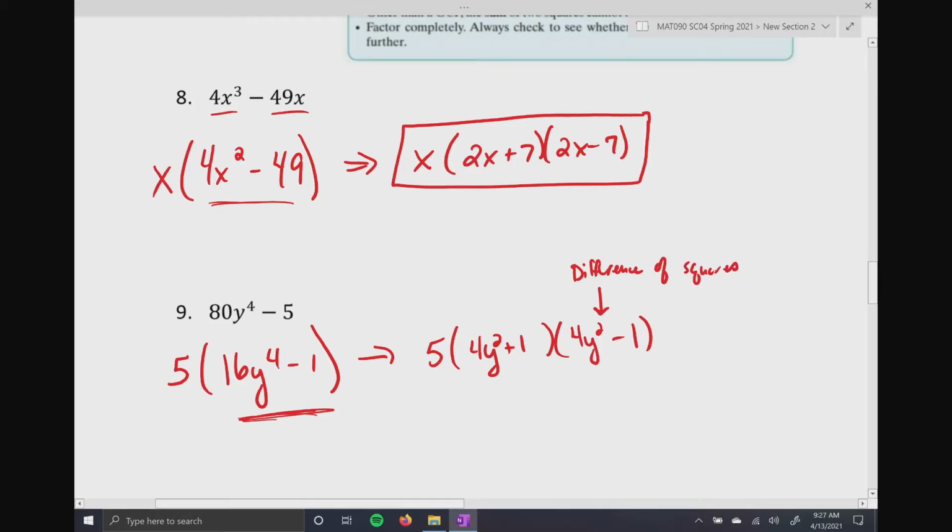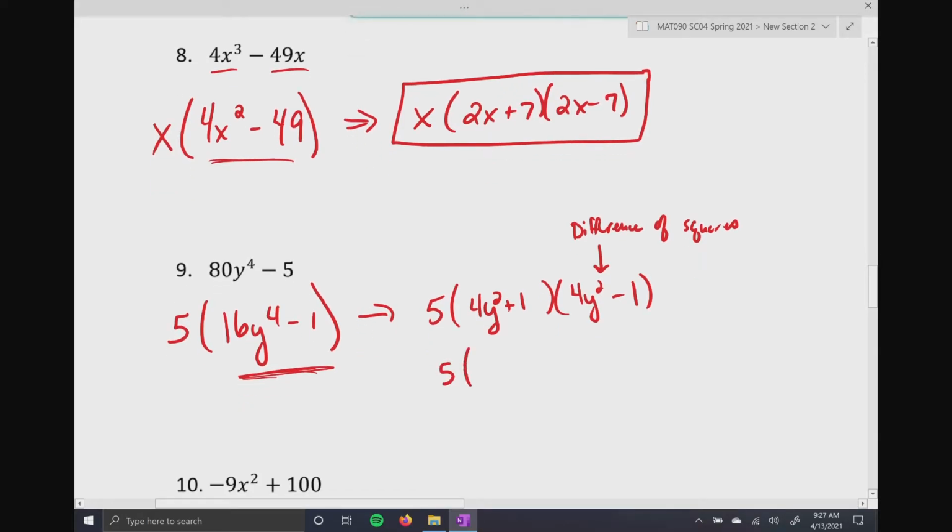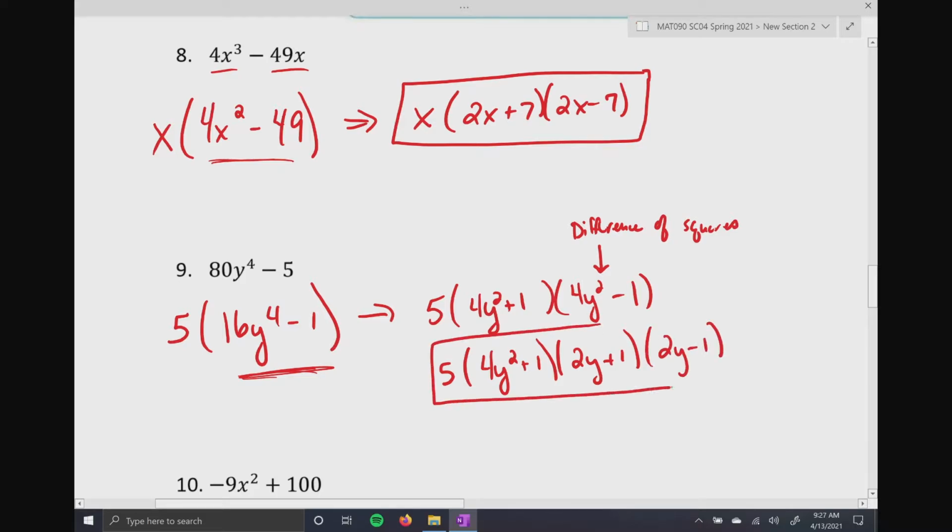So you have to factor again. So that's going to give me 5 times the quantity, 4y squared plus 1, times 2y plus 1, and 2y minus 1. I'm telling you, it's gonna appear on a test. So if you stop early, you're only gonna get half credit. You got to make sure you completely factor.